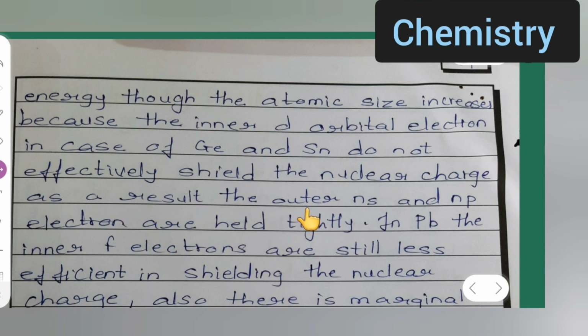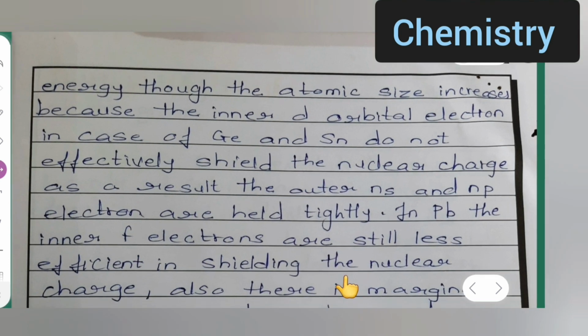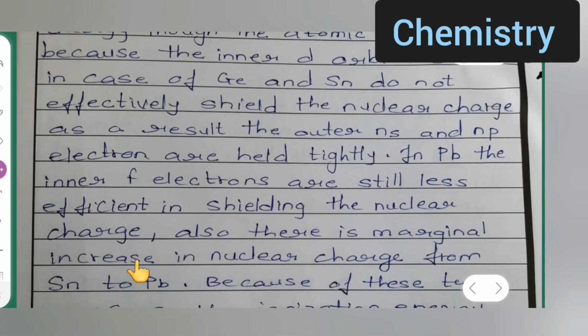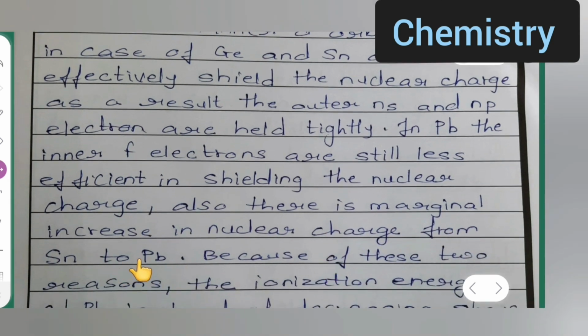As a result, outer ns and np electrons are held tightly. In Pb, the inner f electrons are still less efficient in shielding the nuclear charge. Also, there is marginal increase in nuclear charge from Sn to Pb.